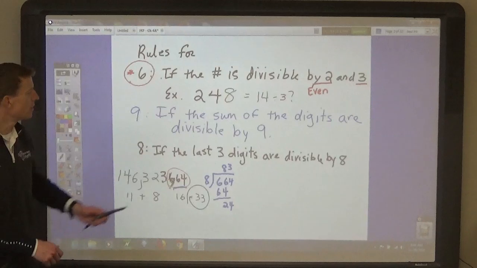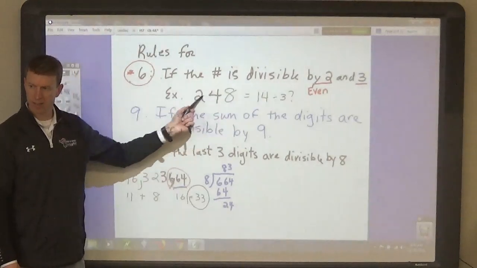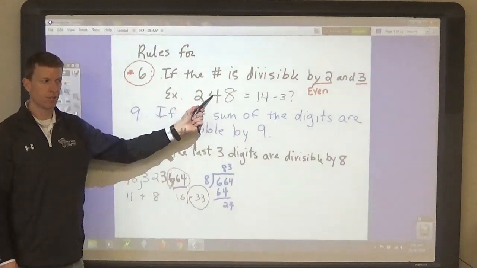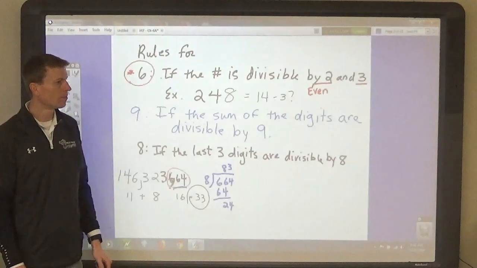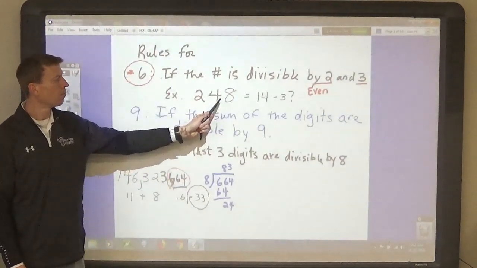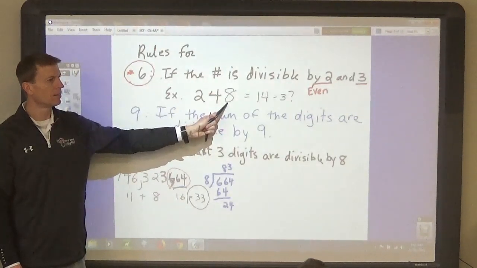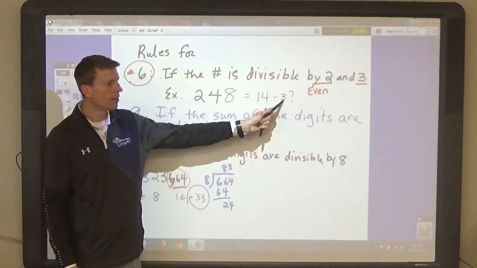Yep. So I give this example. Is this number divisible by 3? 2 plus 4 is 6, plus 8 is 14. Is 14 divisible by 3?